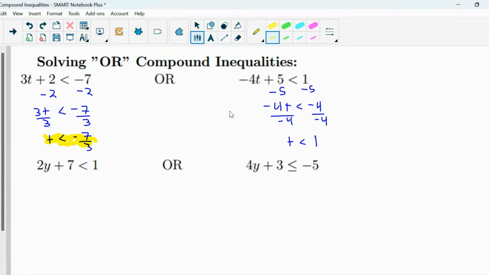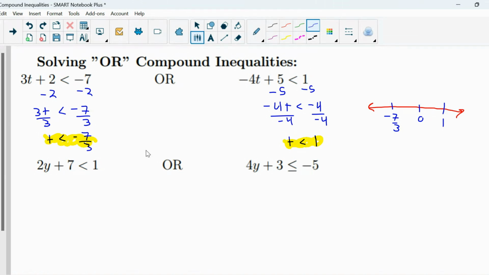We don't need to do anything overly fancy to get here. Now let's go ahead and create our number line. Doesn't have to be perfect. With both of our ends being 1 and negative 7/3. And then we'll just estimate a point in between, which honestly, let's make it easy and just go with 0. Okay, doesn't have to be perfect.